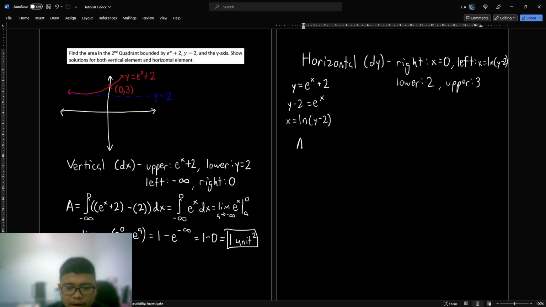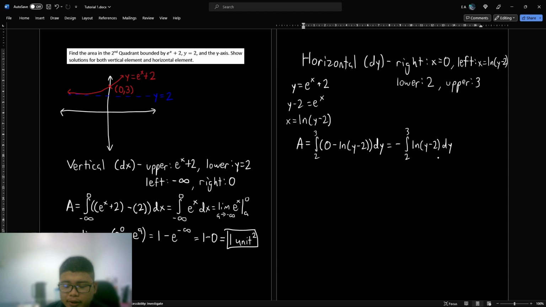So our area would look something like this. Area from 2 to 3 of the rightmost, so it's 0 minus the leftmost, ln of (y minus 2) dy. This is simply negative of the integral from 2 to 3 of ln of (y minus 2) dy.